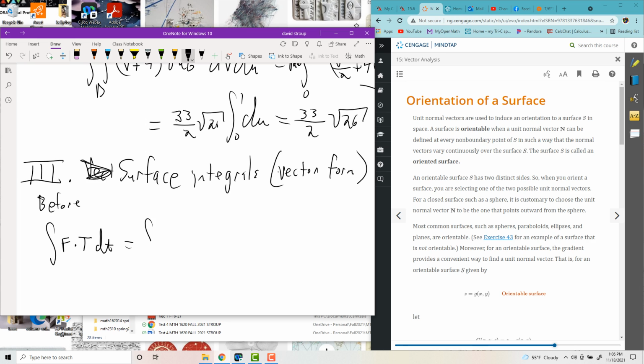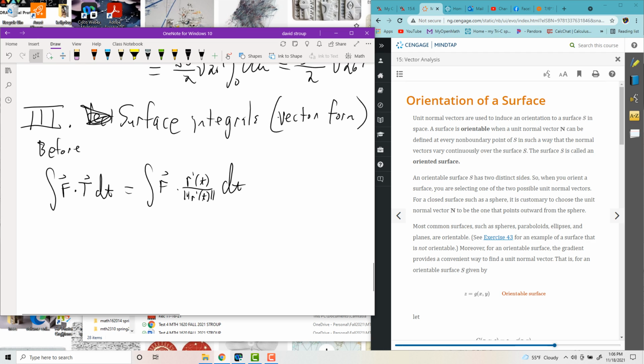And of course we could rewrite the tangent vector as r prime of t divided by the magnitude of r prime of t dt, and then we were able to do some fancy footwork and rewrite it.